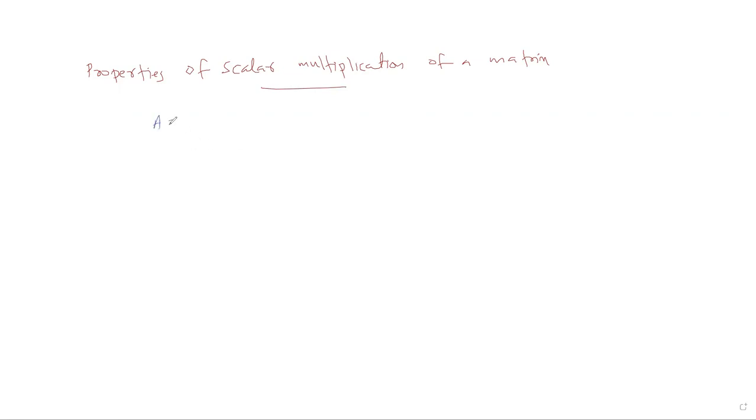Suppose you have two matrices: A is a matrix of order m by n, and B is another matrix, general notation Bij, of order m by n. K and L are scalars, meaning constants.